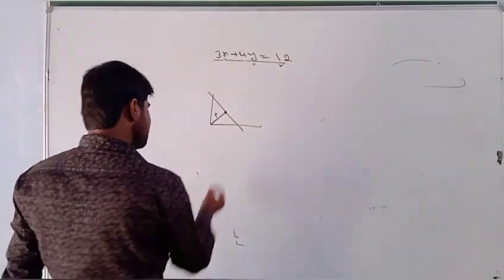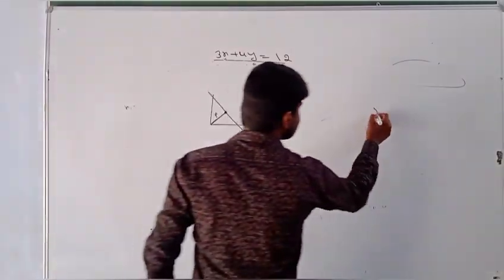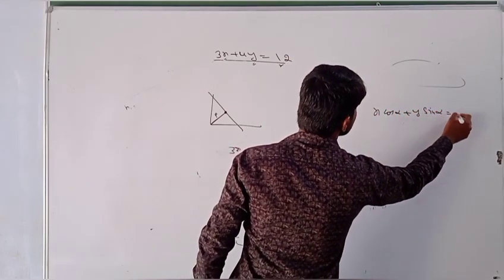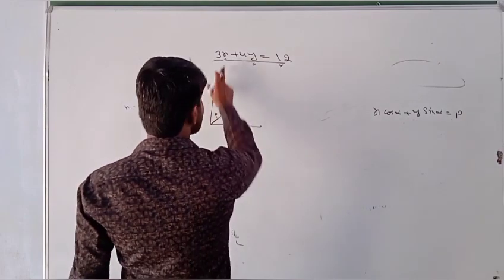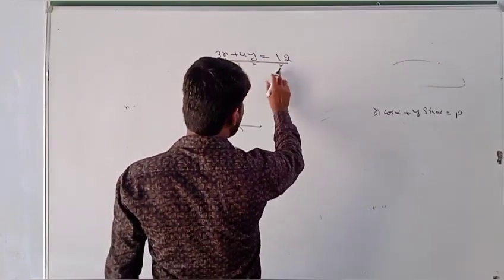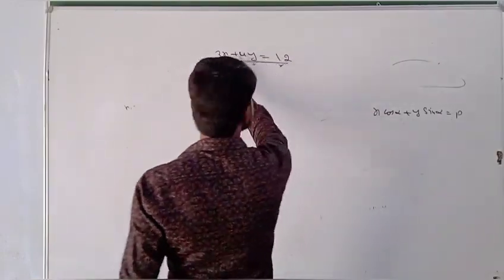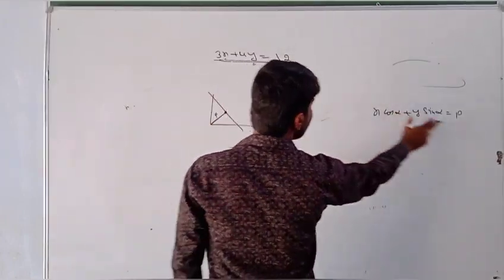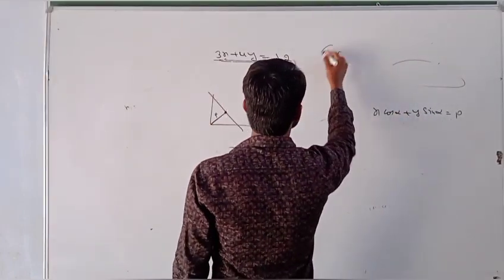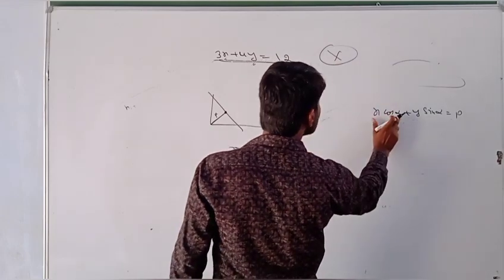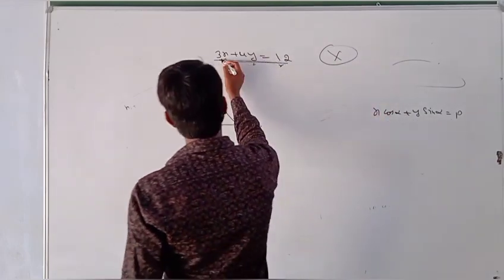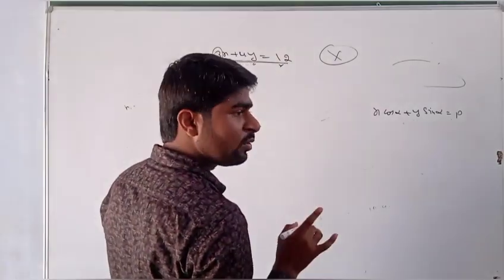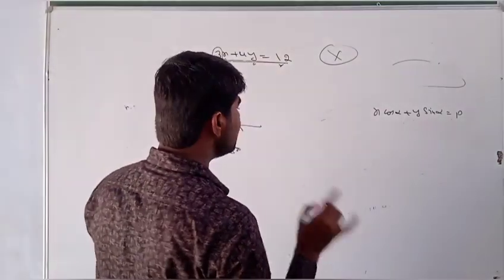Some students will take x cos alpha plus y sin alpha equals p, and after comparing they will get cos alpha equals 3, sin alpha equals 4 and p equals 12. It is wrong. Why? Because cos alpha cannot be 3, because the value of sin and cos lies in -1 to 1.